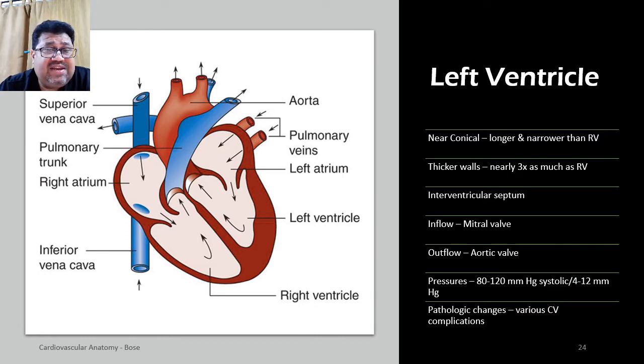It is seen in hypertension, heart failure, aortic stenosis, and any other condition that makes the left ventricle have to beat harder. This is because of increase in the resistance that it has to overcome to push the blood into the systemic circulation. This resistance is called afterload, as we will discuss later on.